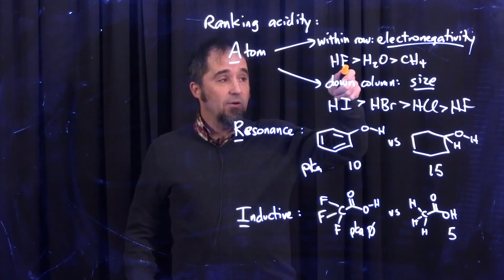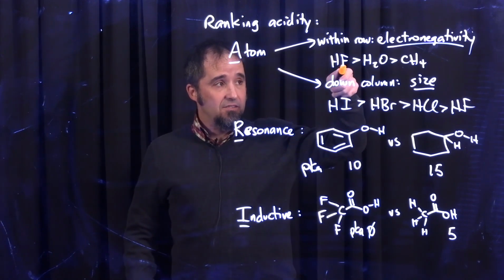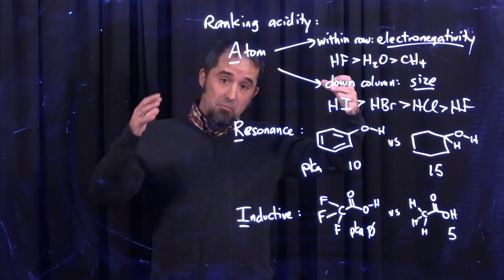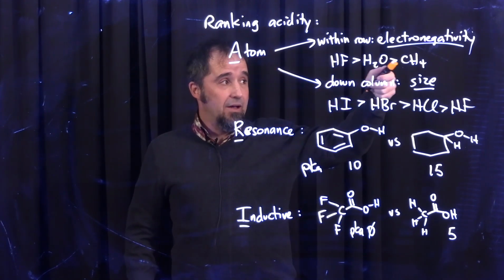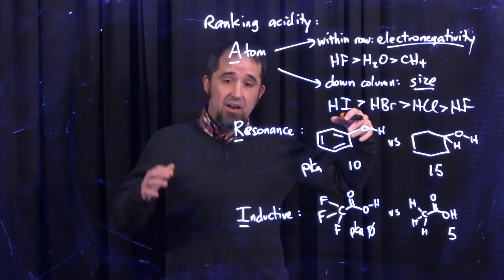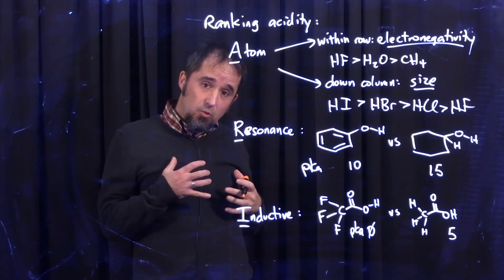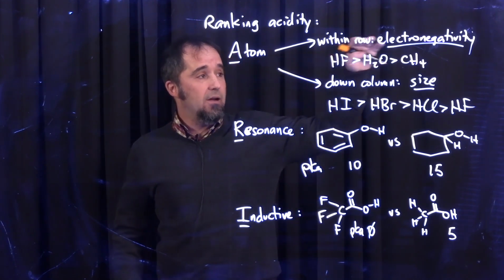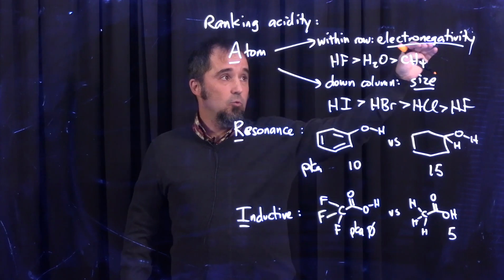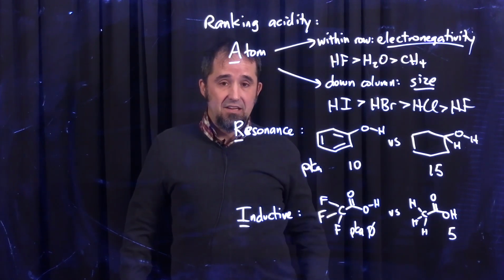Fluorine is fighting for electrons with this hydrogen and is doing a better job of holding those electrons than oxygen, which is way better than carbon. And so that ability to suck electrons into oneself can make it a better acid. So if you're comparing directly connected atoms within a row, we're looking at electronegativity.